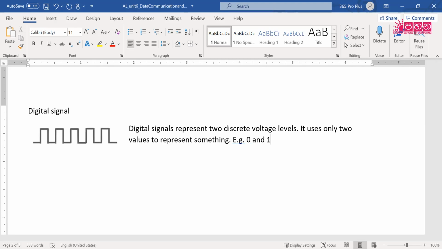So this is exactly what we see, especially in digital signals and even inside the computer. Right. Now, like in the previous case, let's look at what the advantages and disadvantages are.